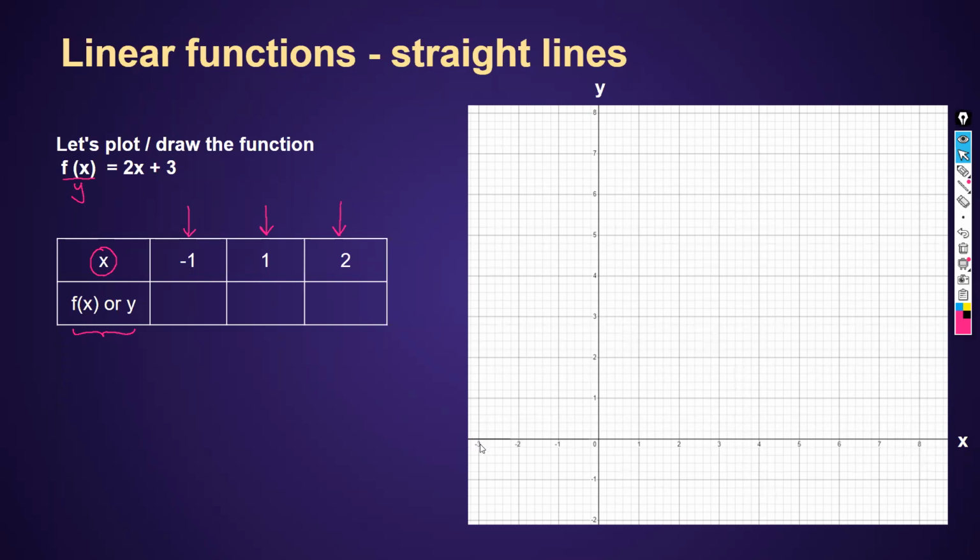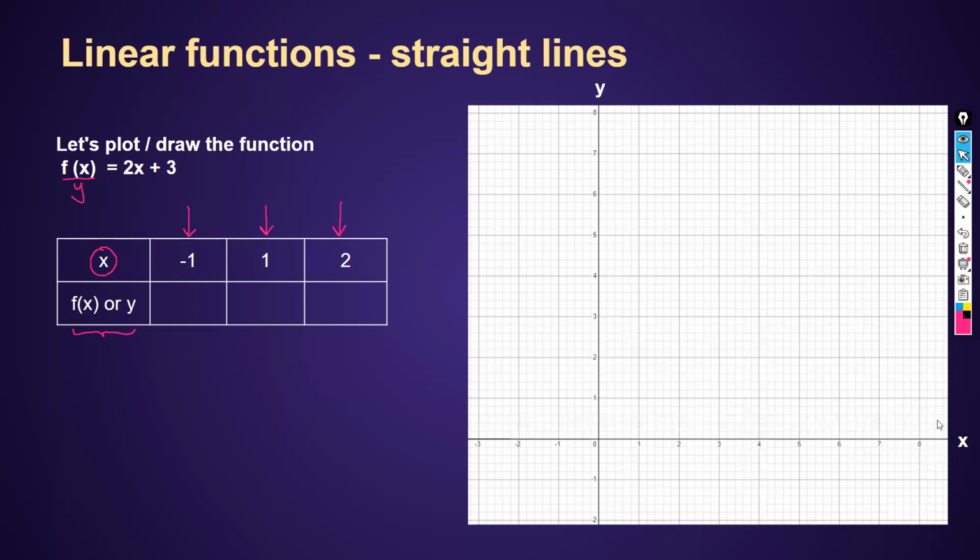And of course, if I choose -4, that won't make any sense. It won't fit on my graph paper. In other words, I have to be smart and choose something between -3 and +8, which I did. I chose -1, +1, and +2. That will ensure it will fit on my x-axis.